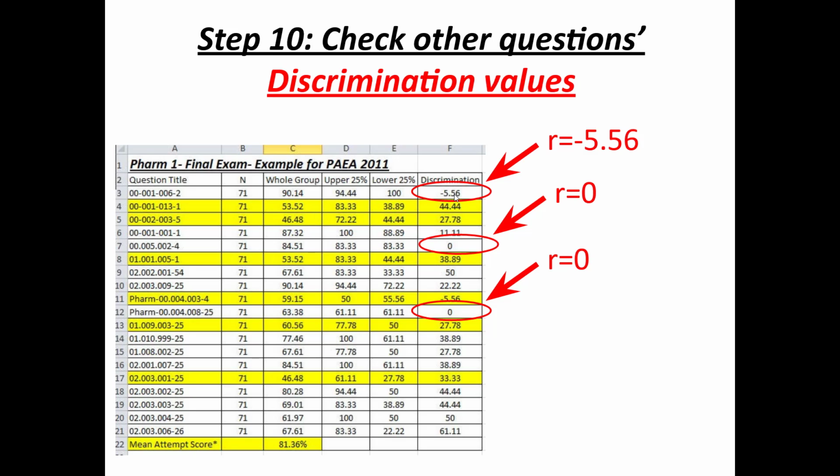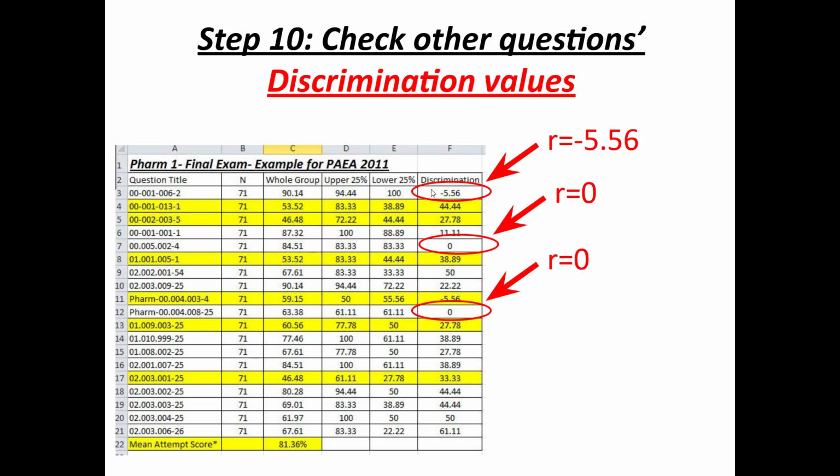In this case, I would circle the minus 5.56 for the first question on row number 3. I usually don't go back and look at them if the difficulty is 90 or above, because if 2 or 3 people out of 71 missed that question, and 2 of the 3 did well on the test, it's going to give you a negative discriminator.